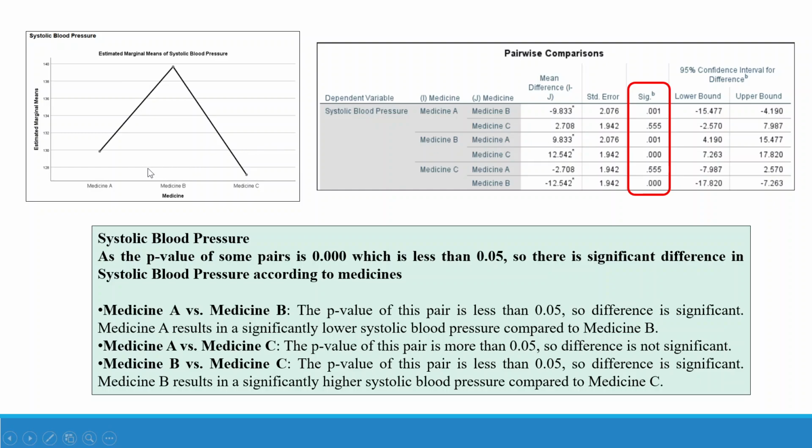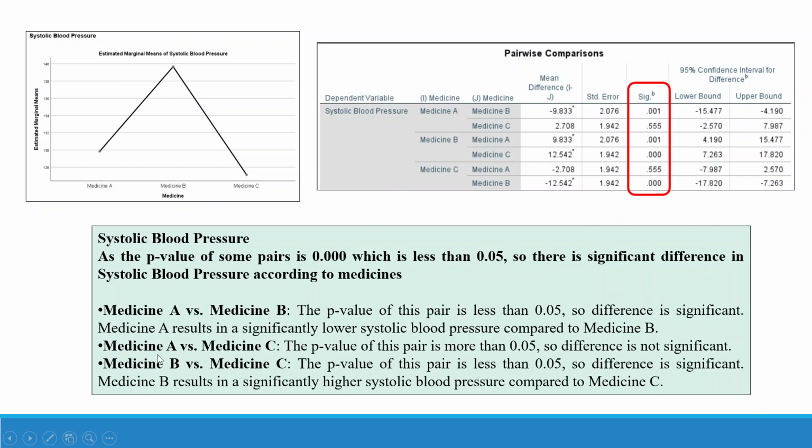So on the basis of this, we have a graph here, medicine A, B, and C. As the p-value of some pairs is 0.00, which is less than 0.05, there is a significant difference in systolic blood pressure according to the medicines. So if the difference is there, then it is between which pair? A compared with B, the p-value of this pair is less than 0.05, so the difference is significant.